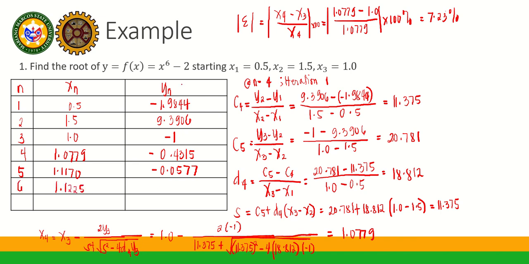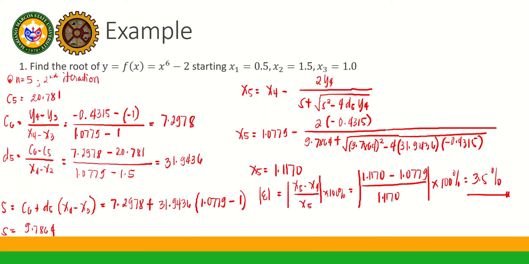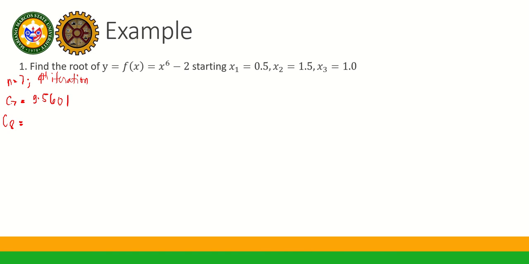If we plug this sa ating function, that will be equal to 0.0004. Okay? So, yun yung gagamitin natin na y sub 6. Since n is equal to 7 natin, y sub 6 minus y sub 5 all over x sub 6 minus x sub 5.